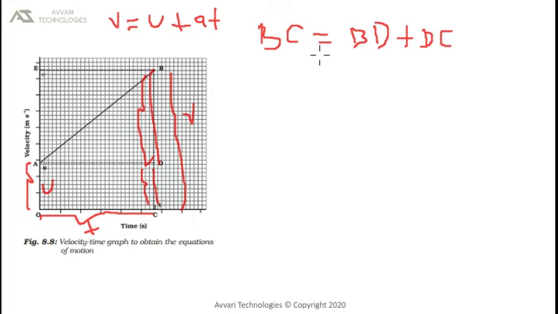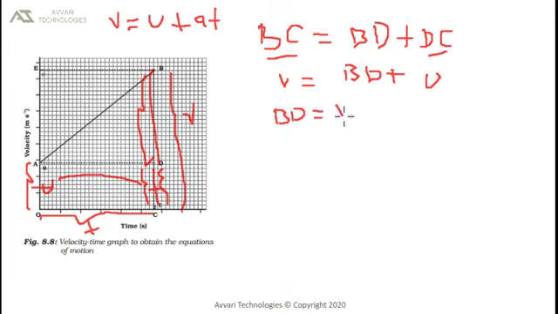We know that the length of BC is final velocity, and you can also notice that the length of DC is equal to OA. These two are equal. DC could be rewritten as OA. What is OA? OA is initial velocity. BC is final velocity and OA is initial velocity, and BD as it is. We will come back to this in a later part. So we can write BD is equal to V minus U.